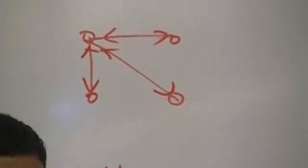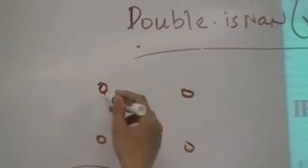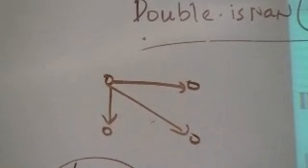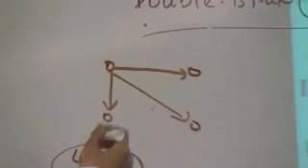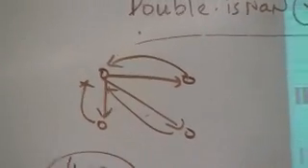On the other hand, if information can flow in only one direction, you're required to set up 3 associations going like this, and then 3 more associations coming out like this.